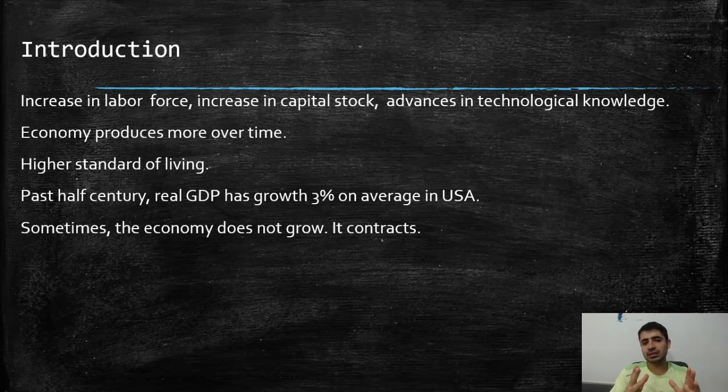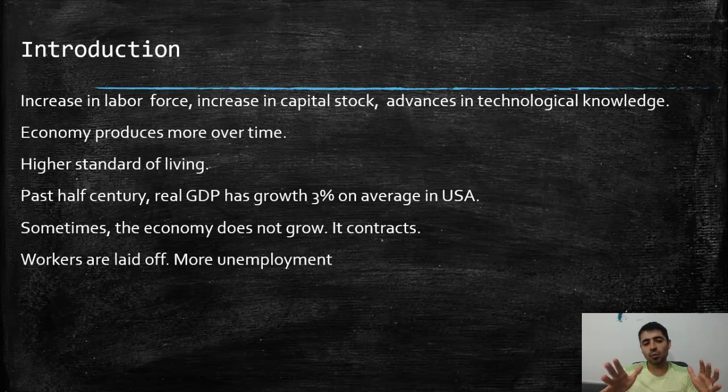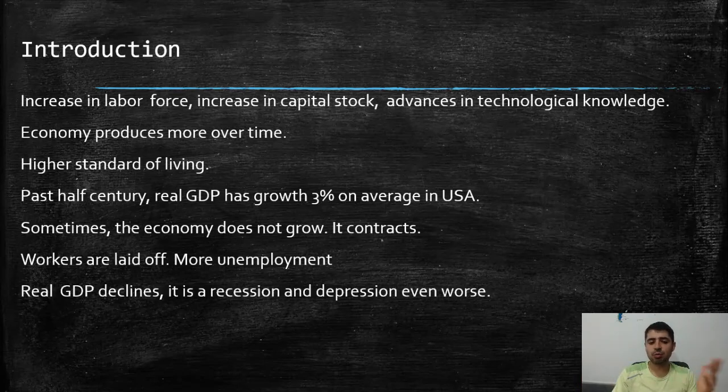But it is not normal that the economy is growing all the time. Let's have a look at what's happening here in 2020. Sometimes the economy does not grow. Actually, it contracts. When the economy is in contraction, workers are laid off, so we experience more unemployment.